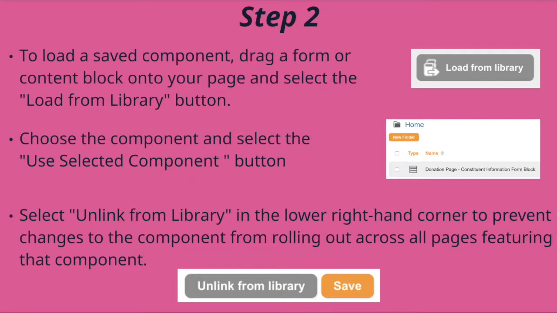If you click on that, EN will open up a page that shows all the saved library items, either form blocks or content blocks that you can choose. You'll click the one you want, then click the Use Selected Component button. It'll open up that content or form block that you created, and there you can make changes to it. But again, you may want to unlink it from the library to make sure that whatever changes you're making don't get reflected on any other pages that feature that block.